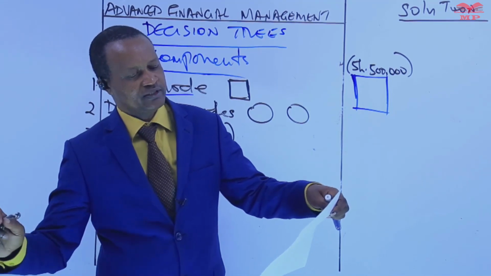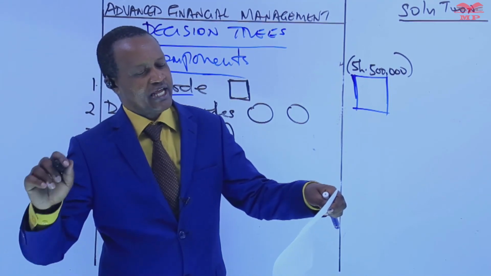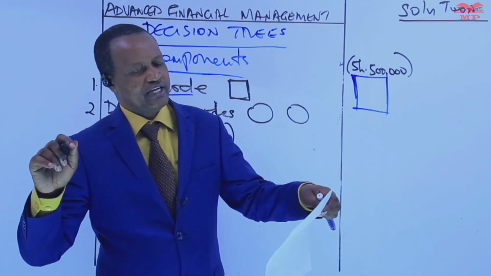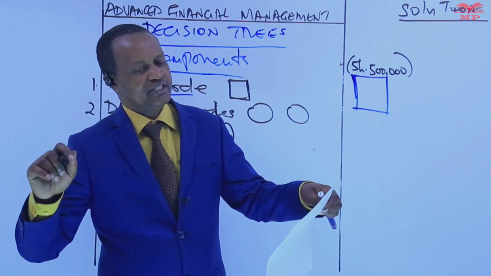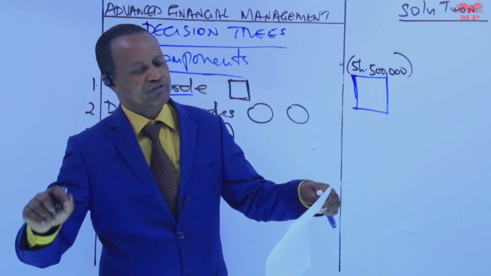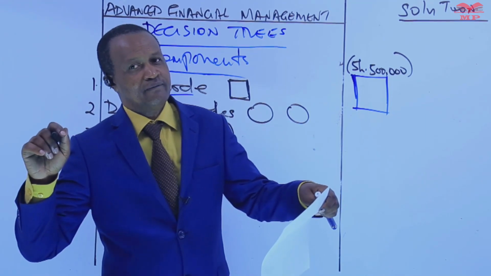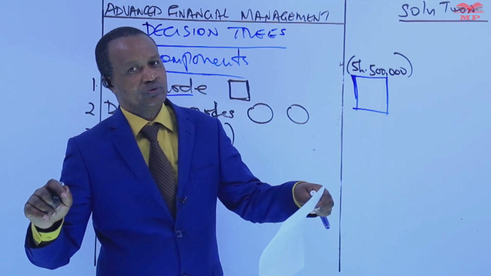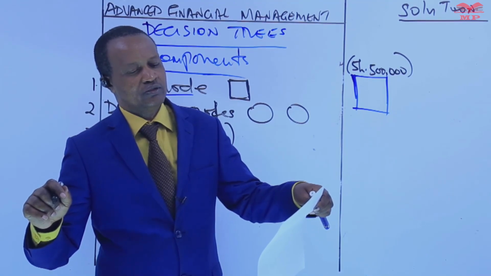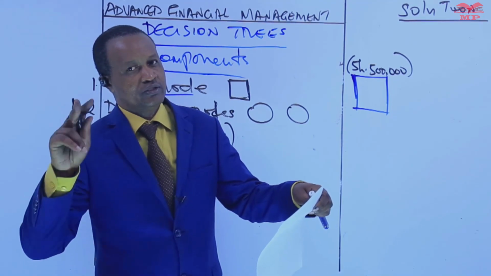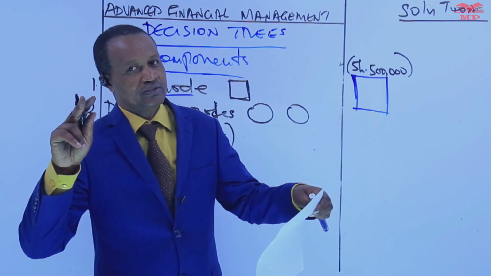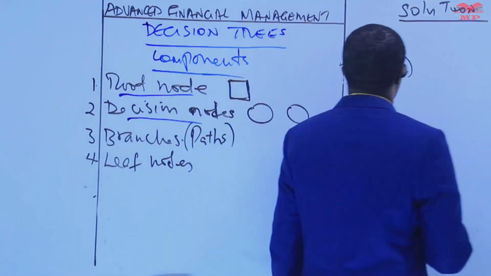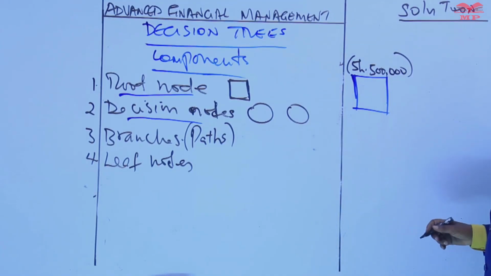Initial investment. Then we read there is a 50% probability of a favorable market and a 50% probability of unfavorable market. So those are two things that will spring from the root.